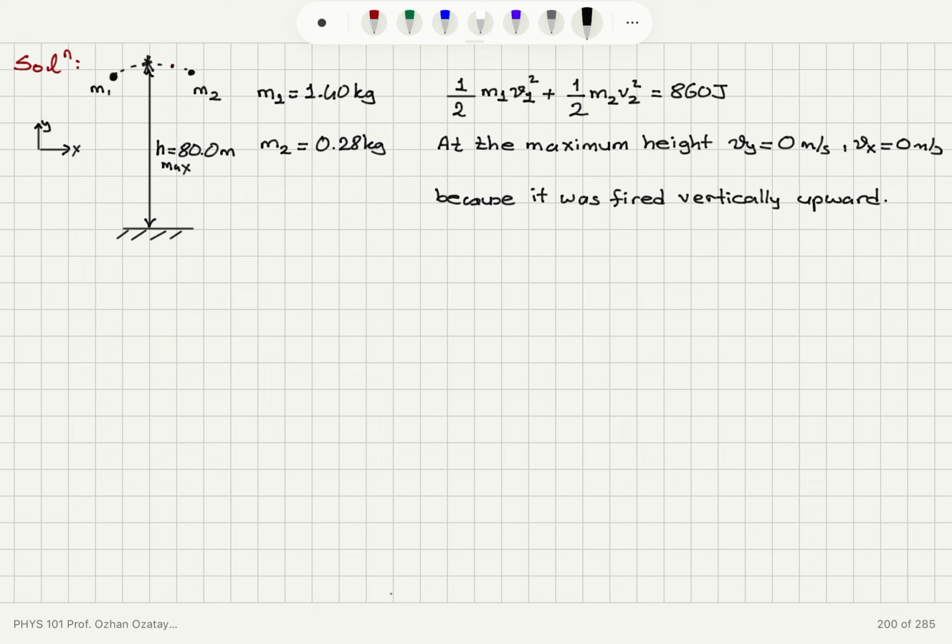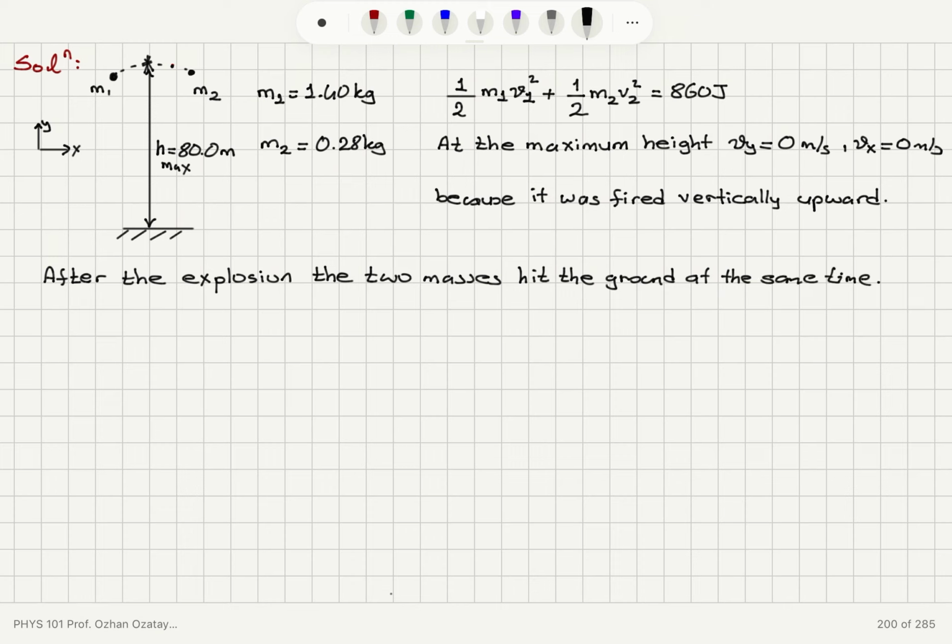All right. So after the explosion, it's mentioned that the two fragments hit the ground at the same time. Okay, so what does this tell you?